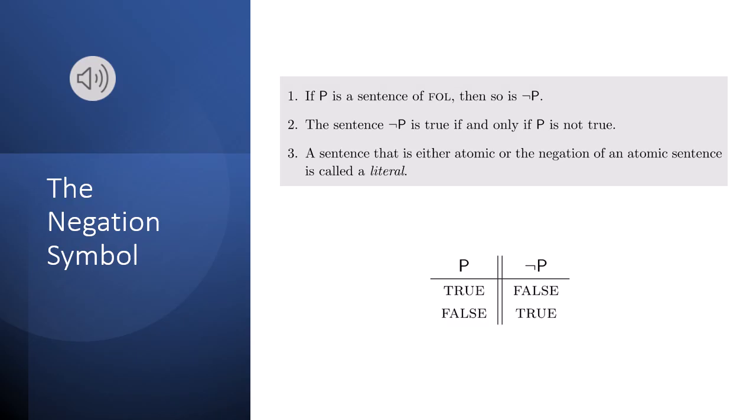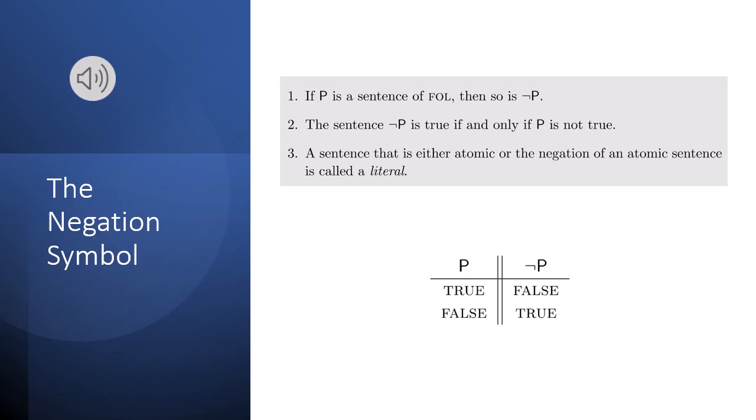Before I go on to discussing the truth values of this particular connective and how they're defined, let's say a bit about that third bullet point there and what we mean by a literal. As I said before, an atomic sentence is a sentence, and so we can put a negation symbol out in front of an atomic sentence. If we have an atomic sentence that's been negated, we call that a literal.